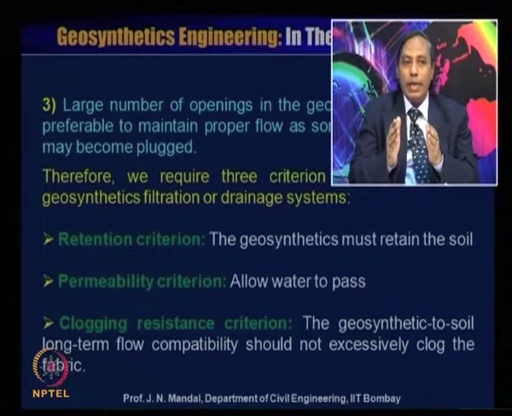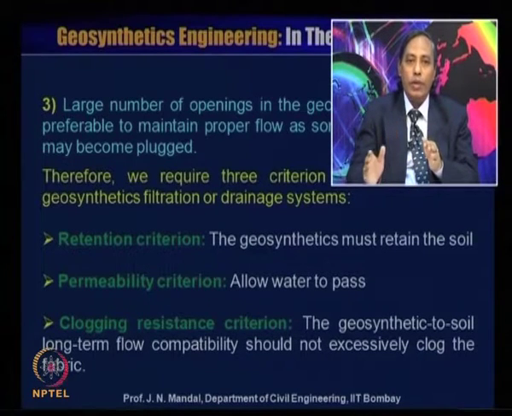The first criterion is the retention criterion. That means the geosynthetic must retain the soil. Second, the permeability criterion, that allows the water to pass. And third, the clogging resistance criterion, that means for long-term soil-geosynthetic flow compatibility, the soil should not excessively clog the fabric or geosynthetic.